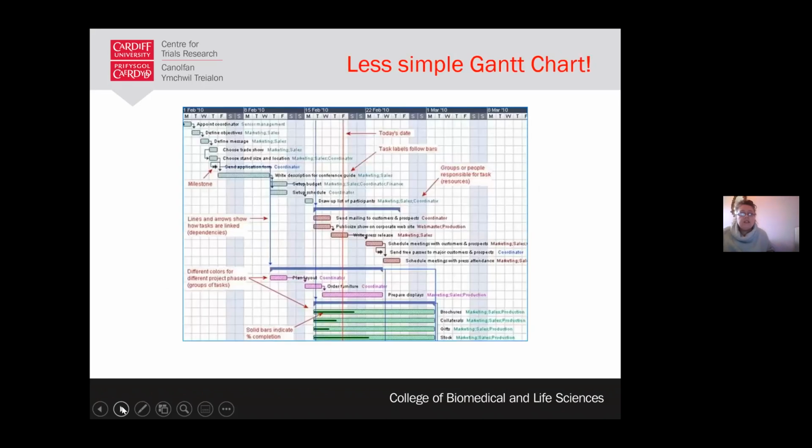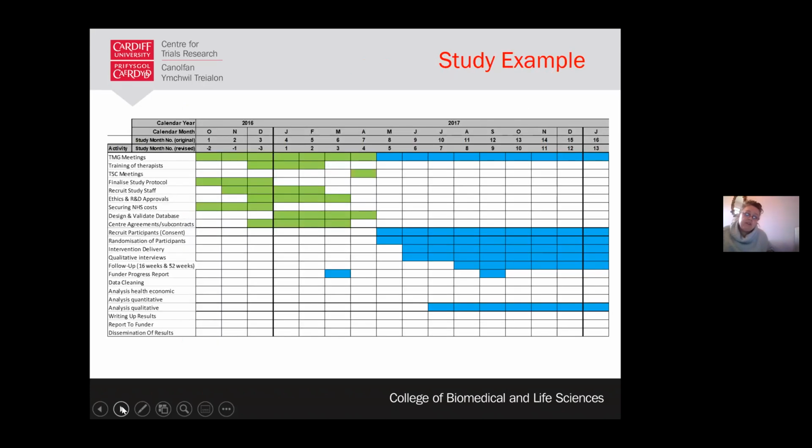And this is an example of a less simple Gantt, but what's been done here, as you can see, it's quite a dynamic Gantt in that they're allowing for dates and updates. I've personally not used anything as complicated, but some people find that this is a good way of working. And this is my favourite, purely because it's the most familiar to me.